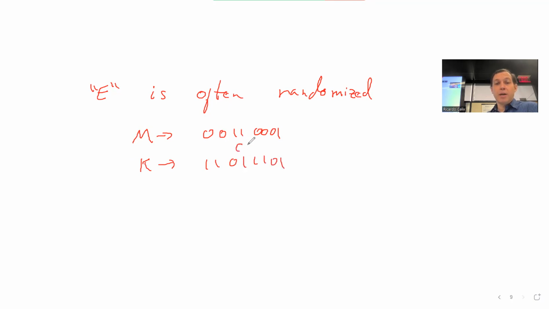The operation is XOR, and by definition we've said that it gives you C, but we could say that it gives us a temp C. What would it be?